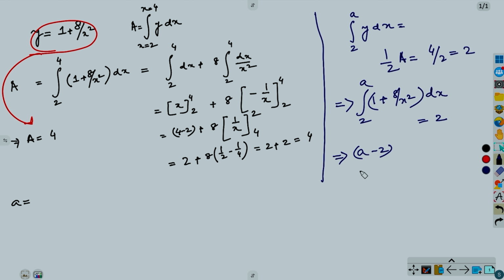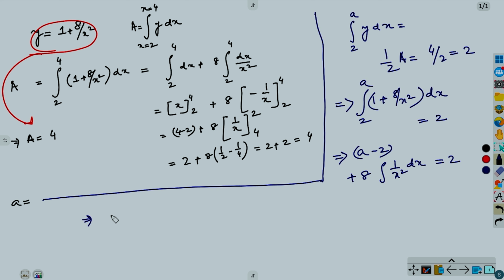This gives a minus 2 plus 8 times integral of 1 upon x squared dx equals 2. This gives a minus 2 plus 8 times minus 1 by x, sorry, this will be from 2 to a, and since the same strategy, lower limit will be upper limit and upper limit will be lower limit, because of changing of the symbol.